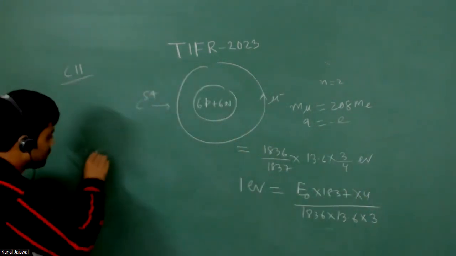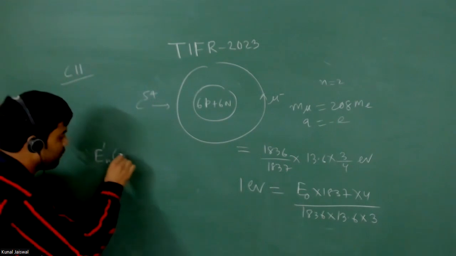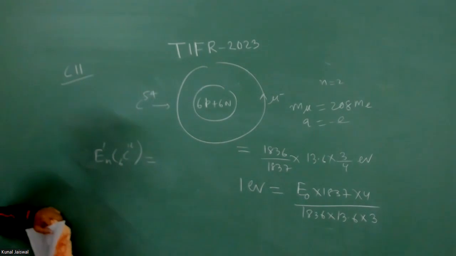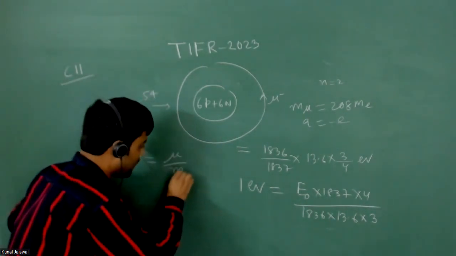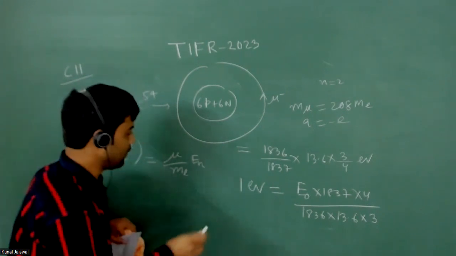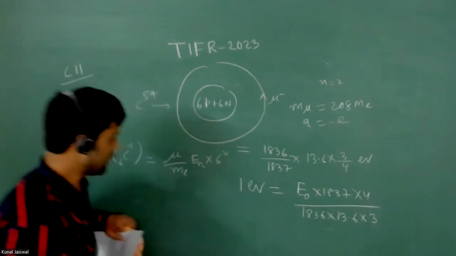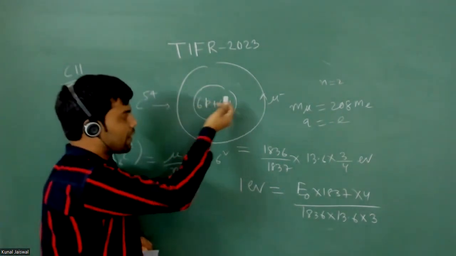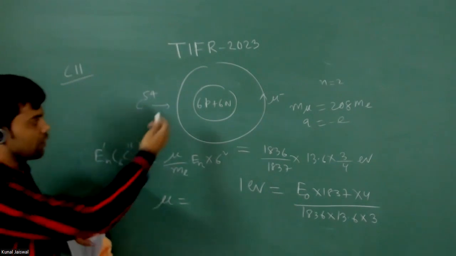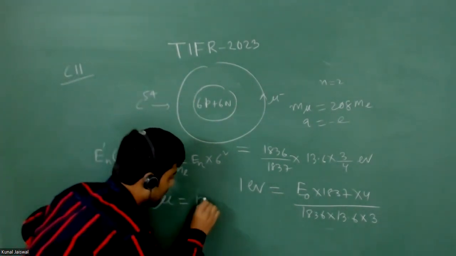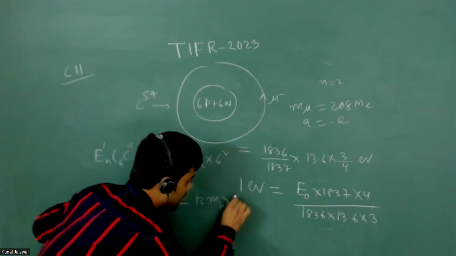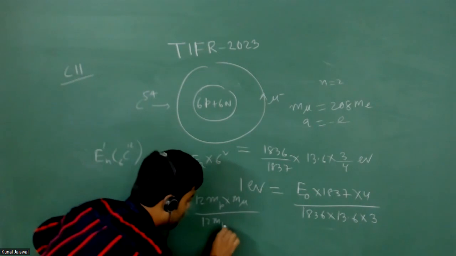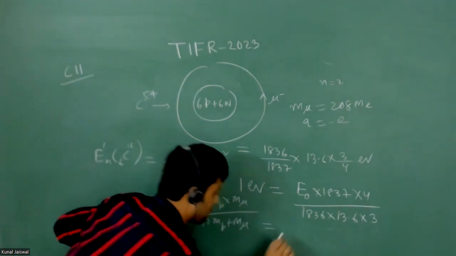Now I can represent the energy of the nth state of carbon-12 as mu by me times En times 6 square. The mass of a proton and a neutron is almost the same, so the total mass of the nucleus will be 12 times mp, and the reduced mass is 12 mp times mu mu divided by 12 mp plus mu mu.